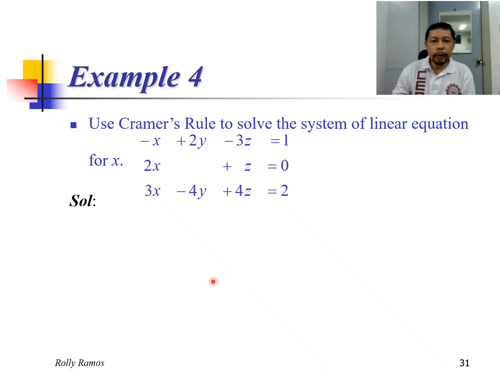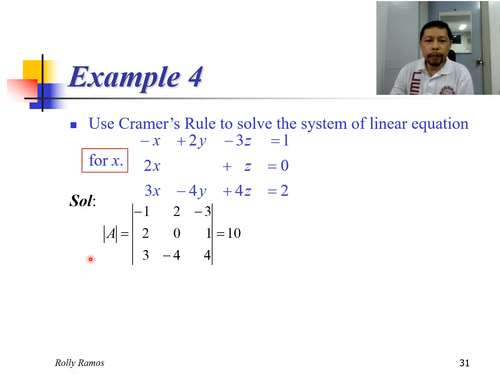Let's have a more specific example on how to use Cramer's rule. We have three equations and three unknowns, x, y, and z. First, form the coefficient matrix A, so we can solve the system of linear equations for x, y, and z.